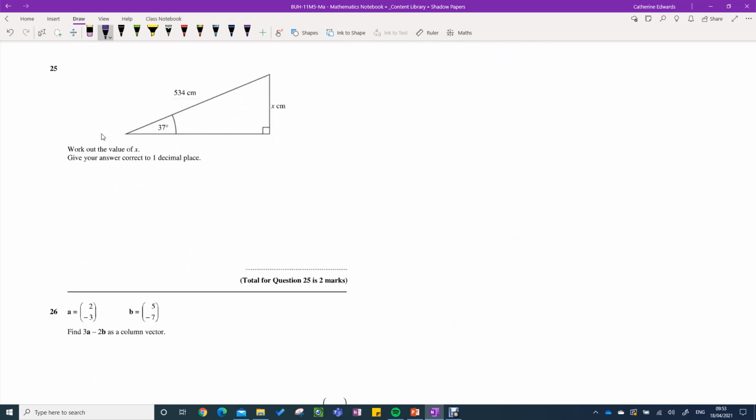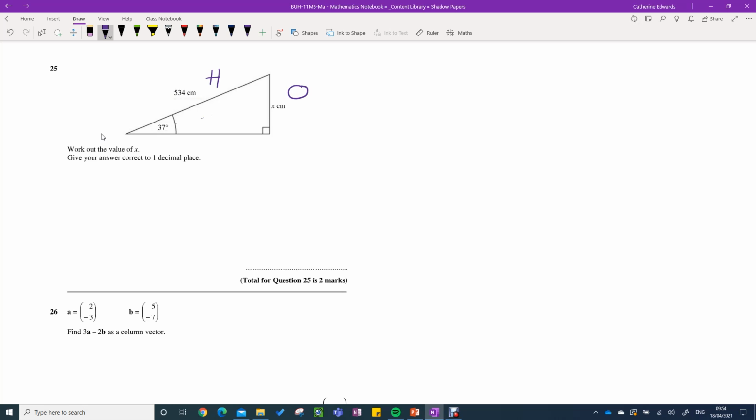I have now got a right angle triangle. I've got an angle. So I can say straight away, I'm going to be looking at doing trigonometry. So I'm going to label my triangle up. My side opposite the right angle is always the hypotenuse. Then going across from this angle, this is my opposite.